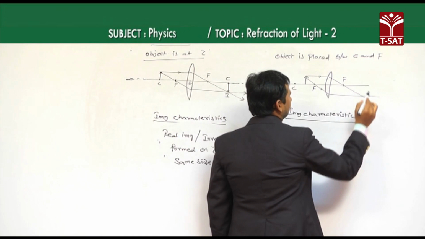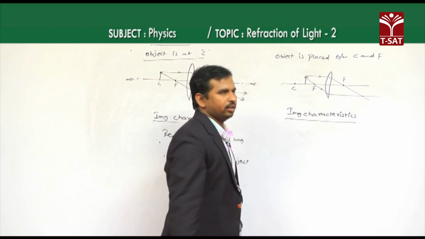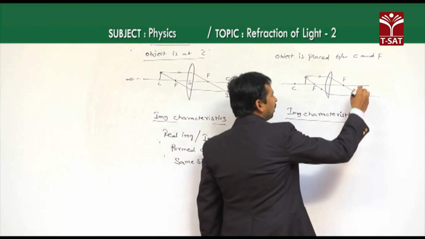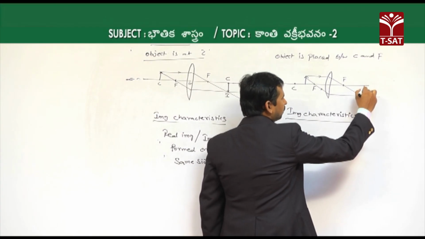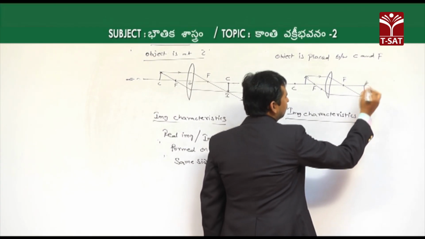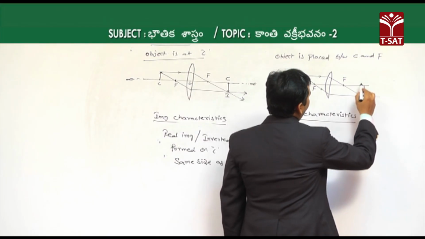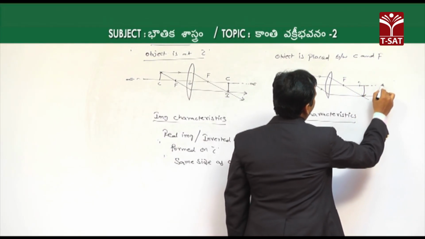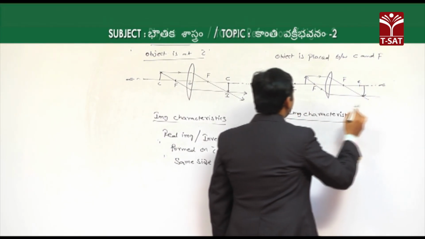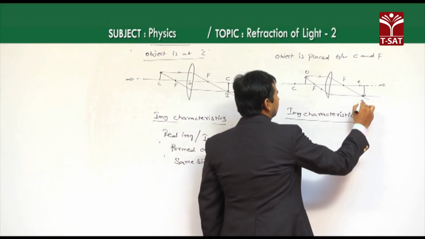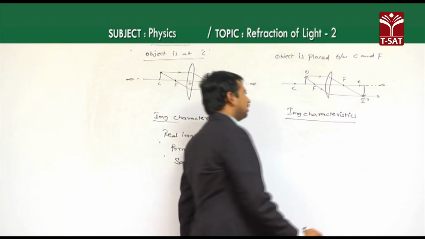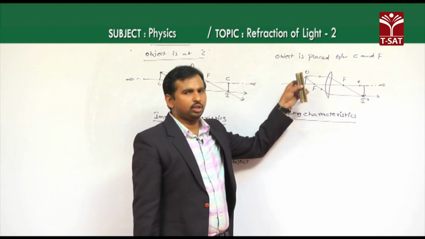Now this is our image position where both the light rays are meeting, and now we have to take a perpendicular line for that, like this. This is the perpendicular line, where we get the image beyond C, and not only that, if you see the size, the image size is bigger when compared to the object size.